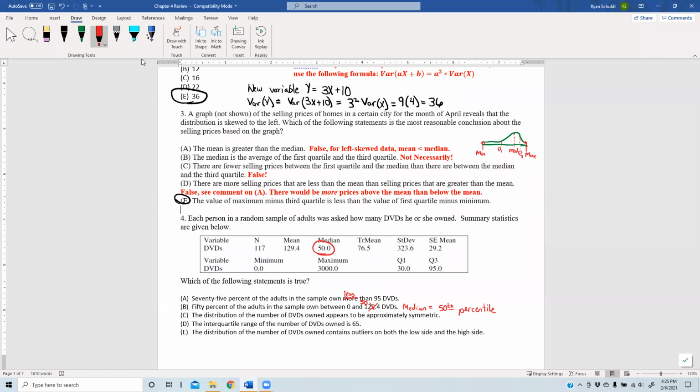C, the distribution of the number of DVDs owned appears to be approximately symmetric. Let's come back to that one. D, the interquartile range of the number of DVDs owned is 65. So remember, IQR is Q3 minus Q1, which is 95 minus 30, which is 65. Yeah, that's true.